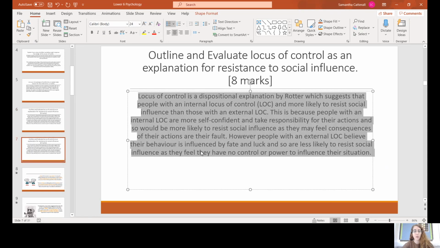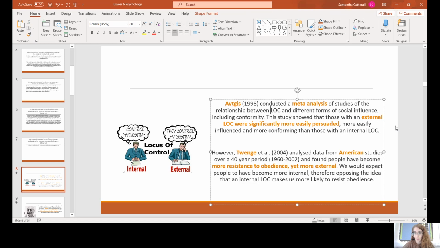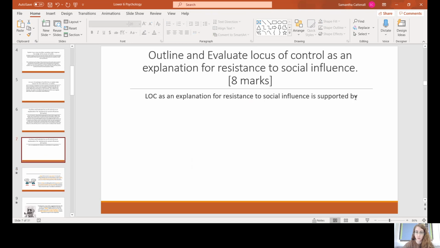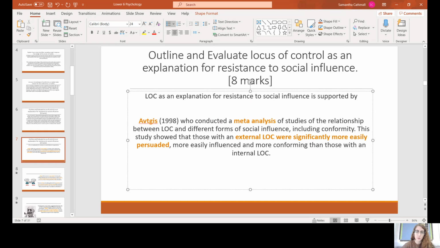So we want to start off with locus of control as an explanation for resistance to social influence is supported by, so I've got the point here, these are what I'm going to use, so I'll just copy and paste this over. Supported by AQA, who conducted a meta-analysis of studies of the relationship between locus of control and different forms of social conformity.